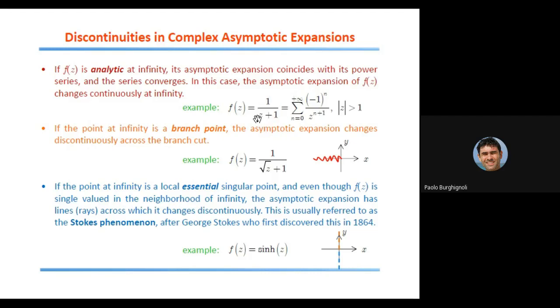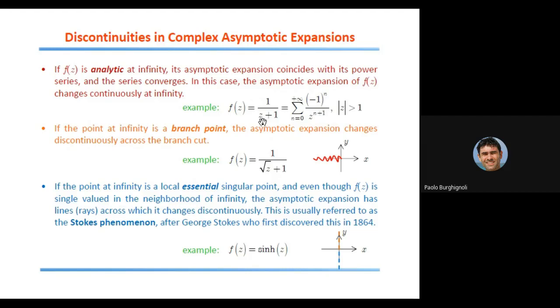At infinity, this function goes to 0, so therefore it is regular, and it can be expanded as a sum of this Taylor series in powers of 1 over z. This series converges everywhere outside the circle where the absolute value of z is equal to 1. And this is because on that circle we have our singularity, which is the pole at minus 1.